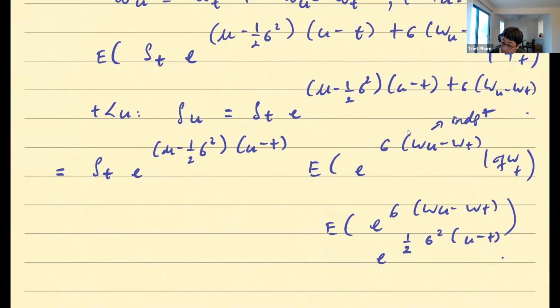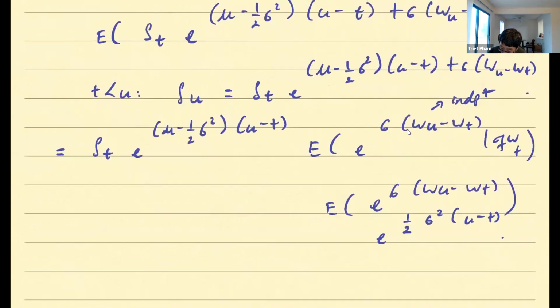But then you see, it cancels perfectly with this, giving me the final answer to be S_T e to the mu (u minus t), as desired. Is that okay?